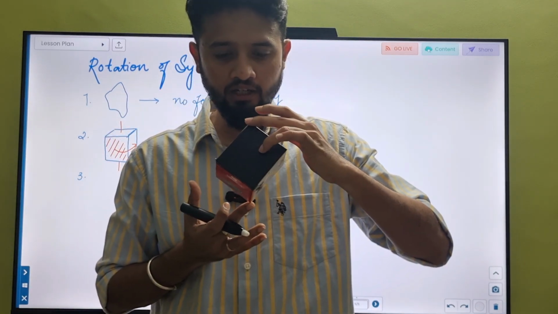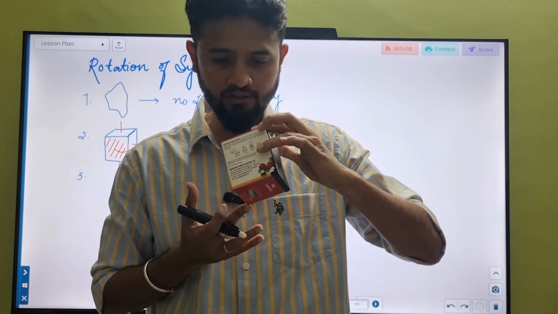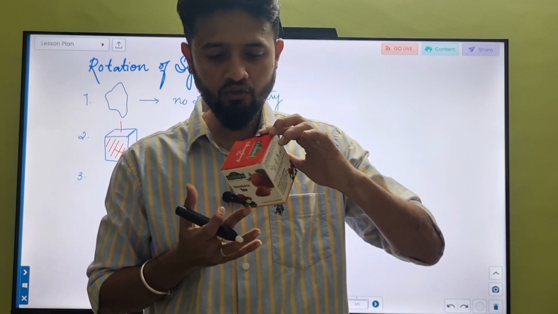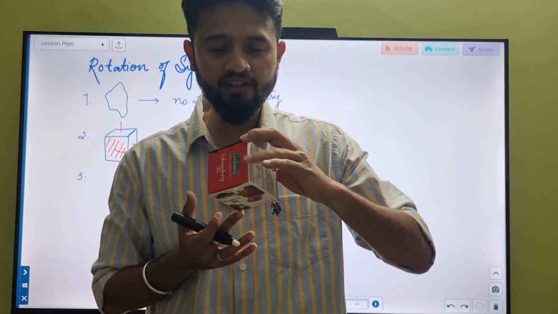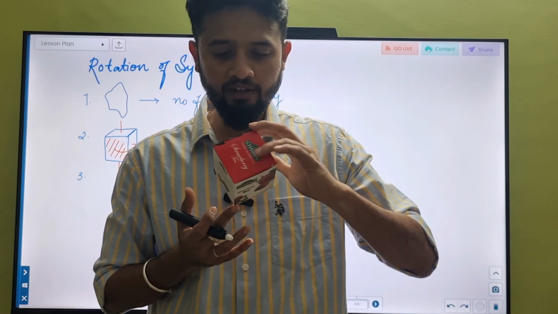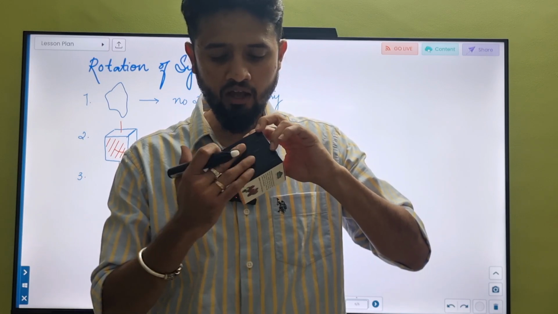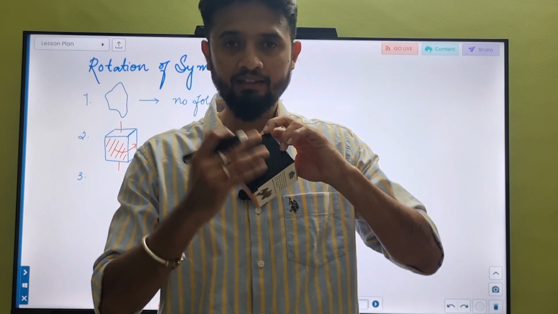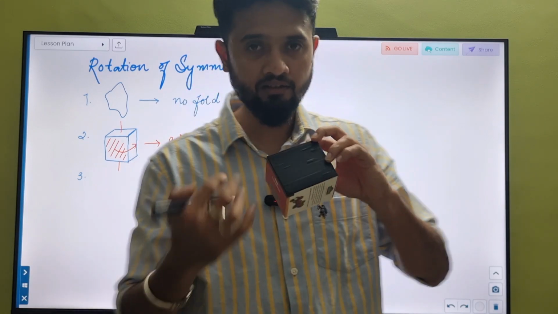I'll rotate it one time, so I'll get one face. Then I'll rotate it twice, I got one more face. Okay, this is not the face, this is an edge. So I'll rotate it until I get a new face twice, then I'll rotate it again. Now I have got the same face in the same position, so I have rotated it thrice.